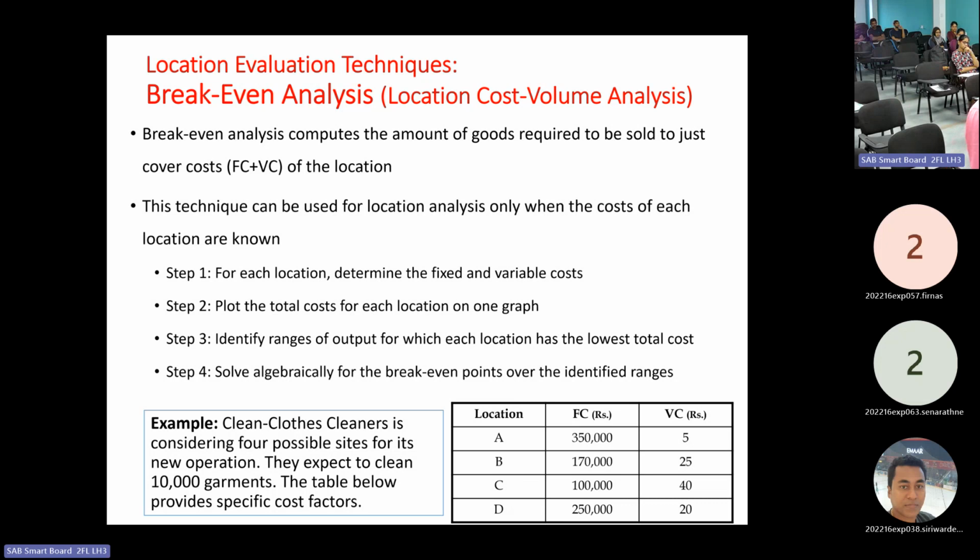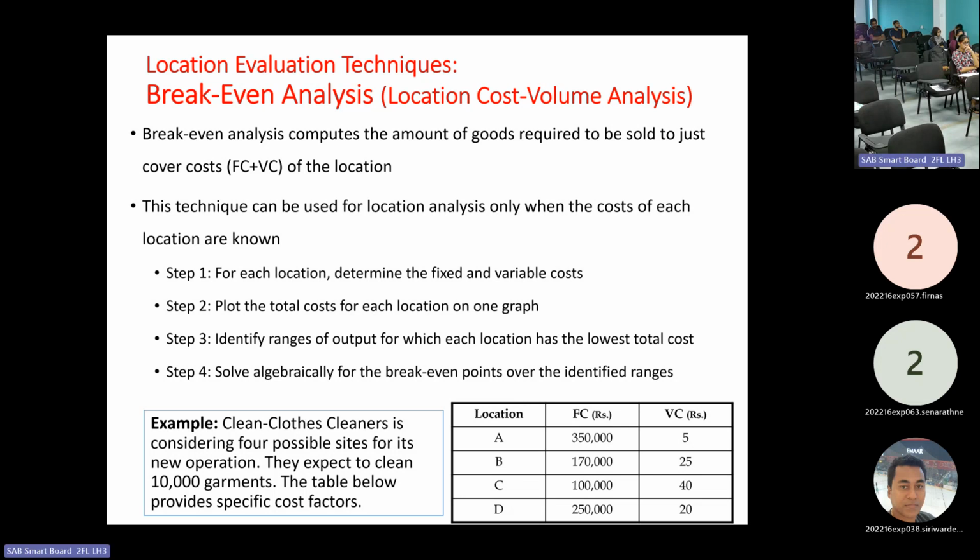And accordingly, solve the example algebraically by looking at the graph for break-even points, not break-even point, but crossover charts. So, for example, identify what is given here. This is a laundry, clean clothes, cleaners.